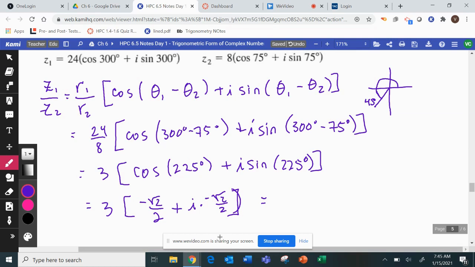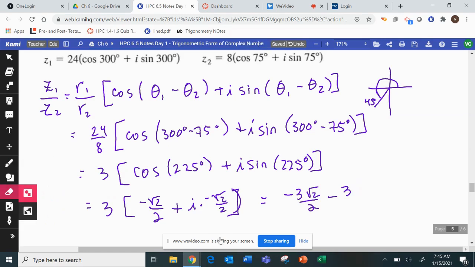I'm going to get negative 3 square root 2 over 2 minus 3 square root of 2 over 2 I. Write it like that. And then I think that's it.